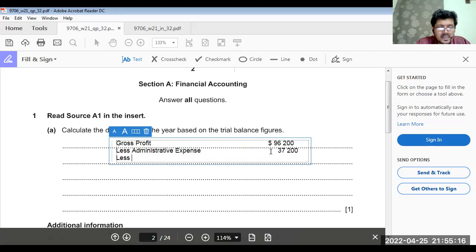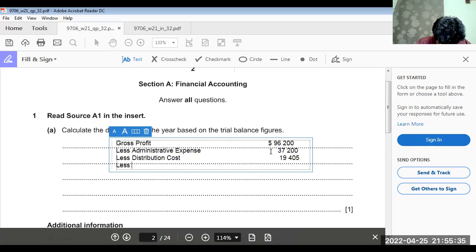Okay, less distribution cost. Distribution cost, that would be how much? 19,405. Less finance cost. This is 4,410.